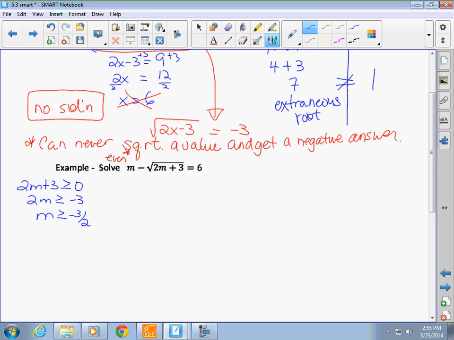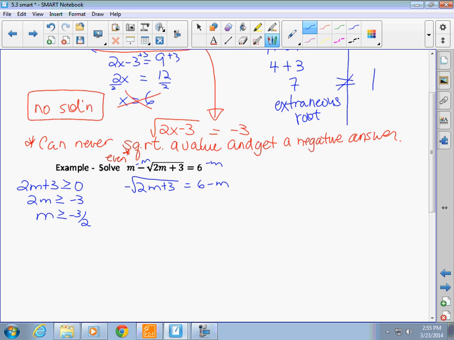If I move my m over, I'm left with negative square root of 2m plus 3 is equal to 6 minus m. I have this negative in there, so I need to get rid of it. There's two things that you can do.